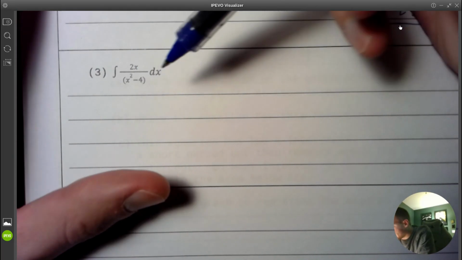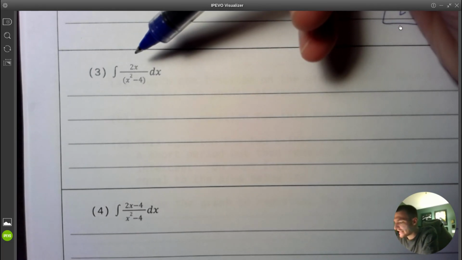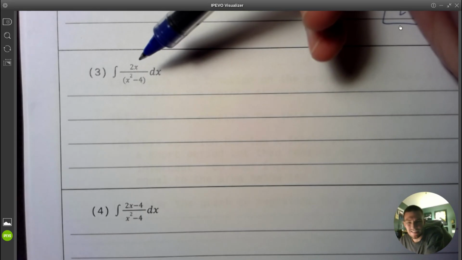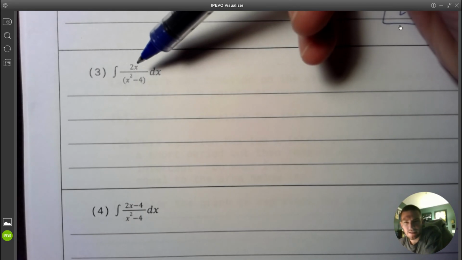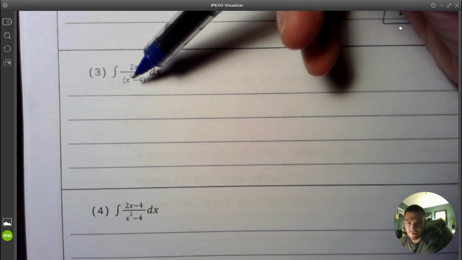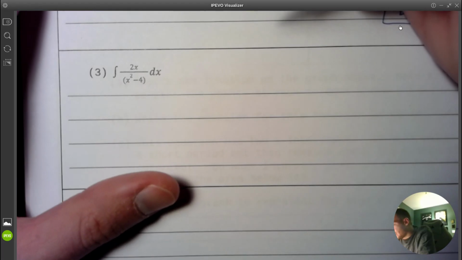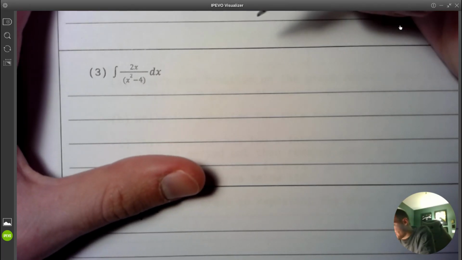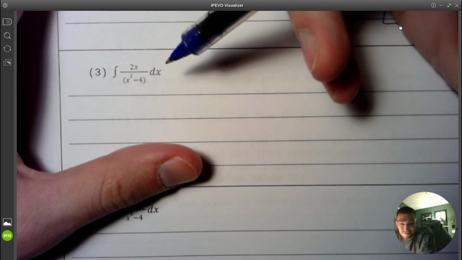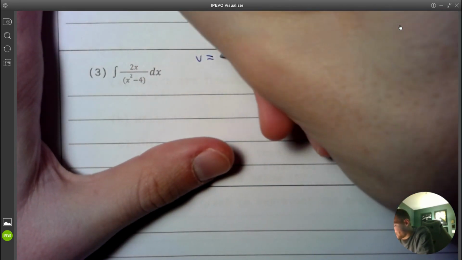I'm noticing that this denominator could be factored with difference of squares, but I'm also noticing that it wouldn't really work because x plus 2, x minus 2 is not really doing anything. I'm looking at the top and I'm noticing that x squared as the interior function, 2x as the top. I guess I could do partial fractions. I think I'm just going to go ahead and set this up with U substitution.